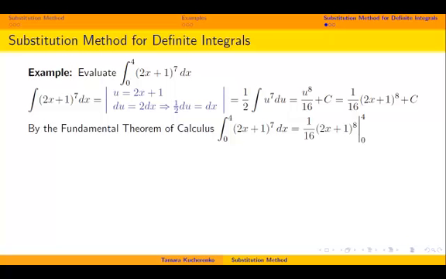Taking x equals 4, we get 2 times 4 plus 1, which is 9, to the 8th power over 16, minus the value at x equals 0, 1/16. So the answer is 9 to the 8th over 16 minus 1/16.